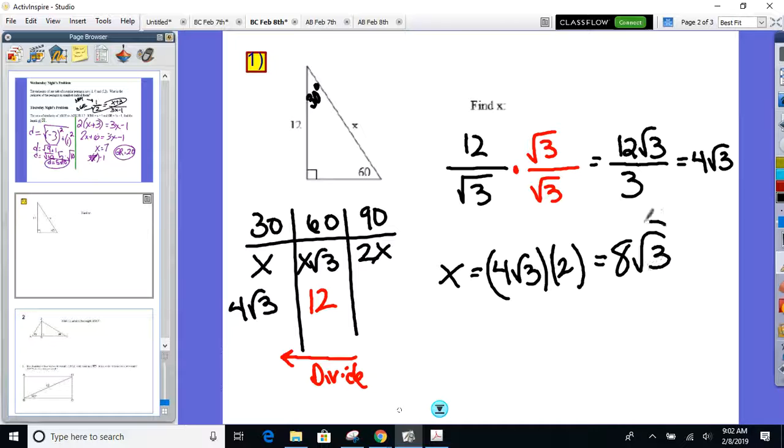So there is x. Everyone's good there. Cannot leave a radical in the denominator. Anything you want to ask? All right, let's roll.